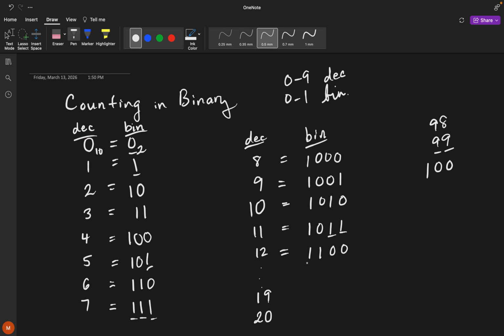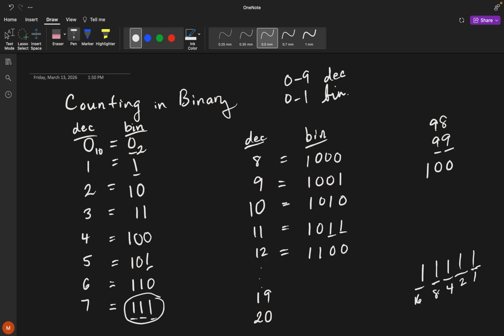One little interesting thing to notice here, look at 7. They're all 1s, right? So if you had a long string of 1s, 1, 1, 1, 1, 1, there's 5 1s. The value here is going to be 1 less than if the number were all 0s here and another 1. So this is the 1s place, the 2s, the 4s, the 8s, the 16s.